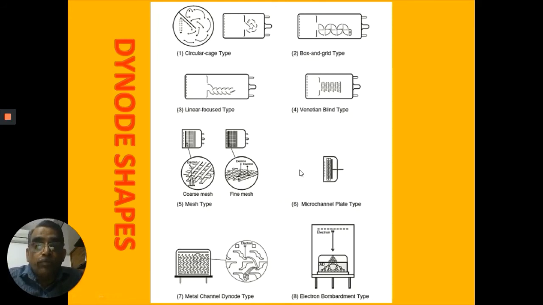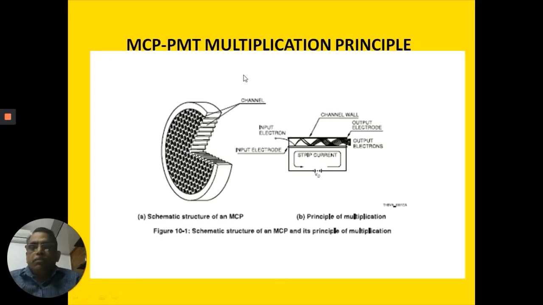Your microchannel plate, called an MCP-PMT, is used for TCSPC applications. You will find that the different basic dynode shapes have different applications. So you should also understand the MCP-PMT, because it is used in the TCSPC measurement.